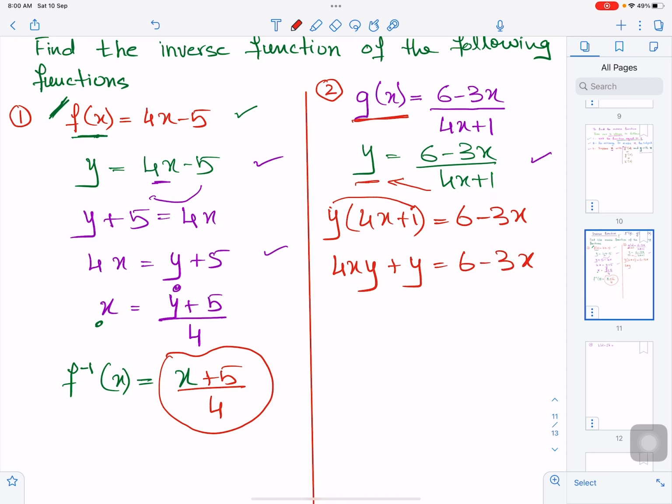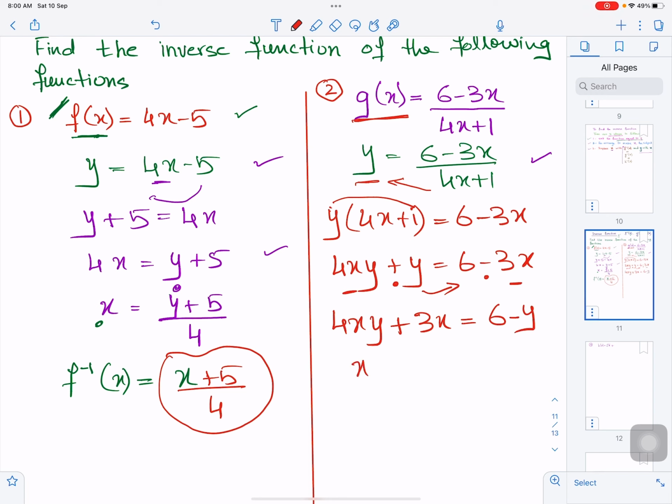After that, this term has x, this term has x. They should be together on the left side. Sign here is minus. When it comes to this side, it will become plus. This 6 is here as it is, no sign change. y is going to the other side. Sign is plus, it will become minus.